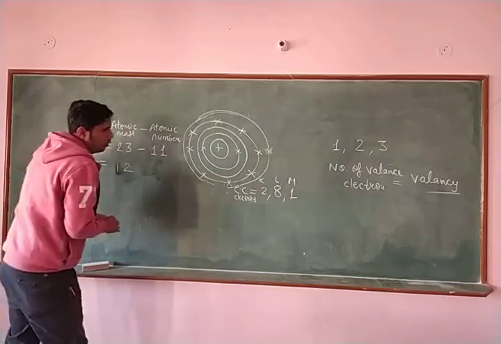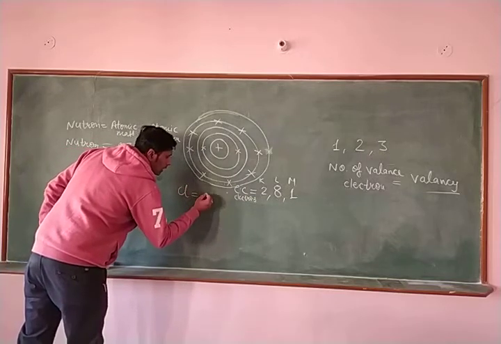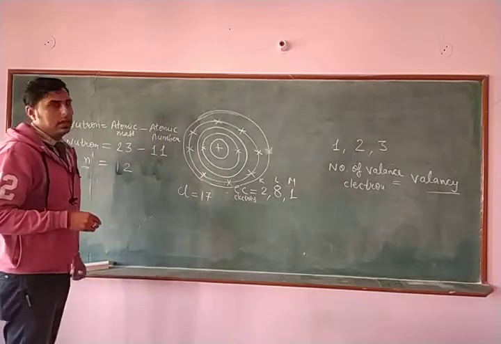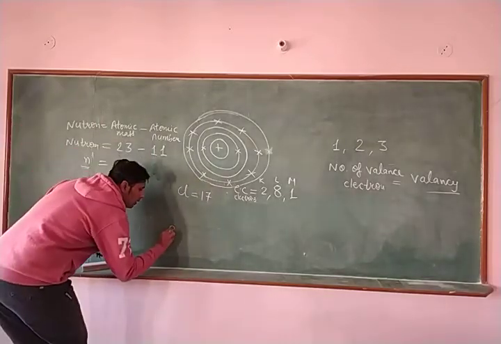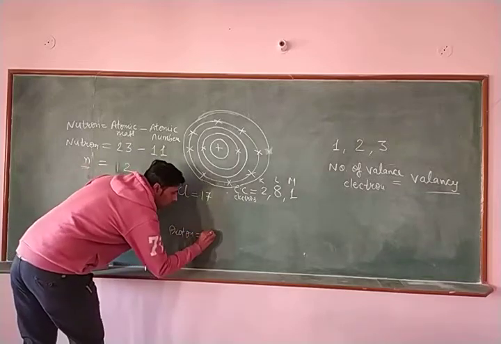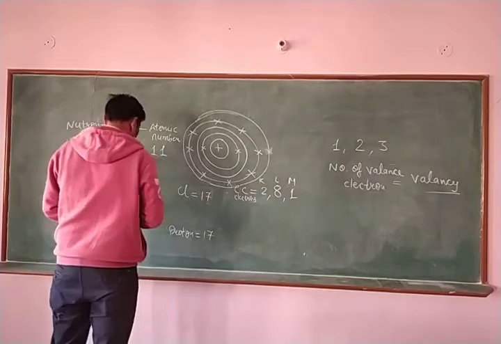So for chlorine, the atomic number is 17. The number of protons in chlorine is 17. Okay. Now, what is the electronic configuration of chlorine?